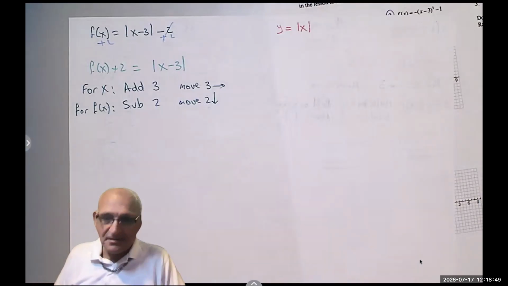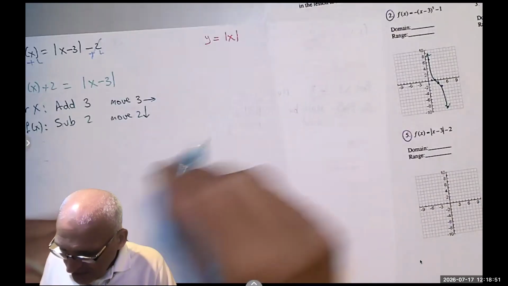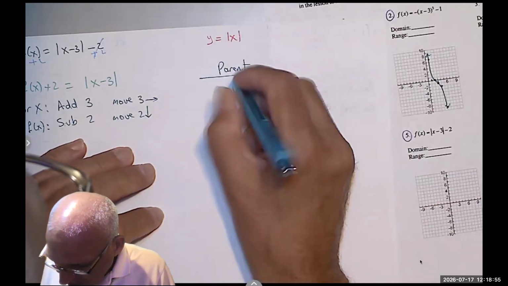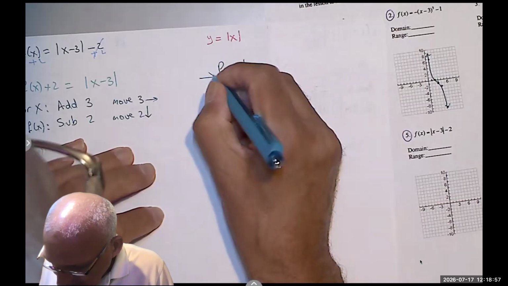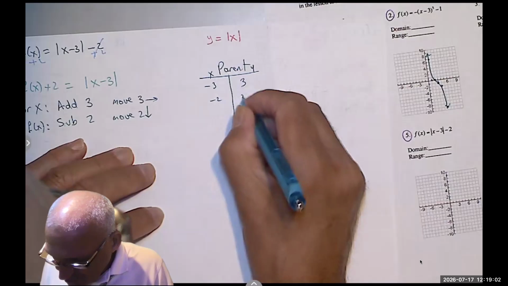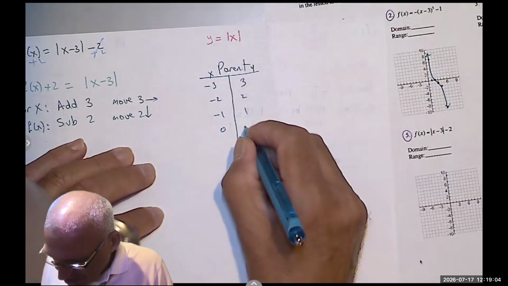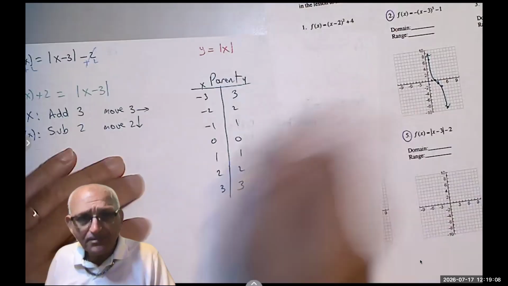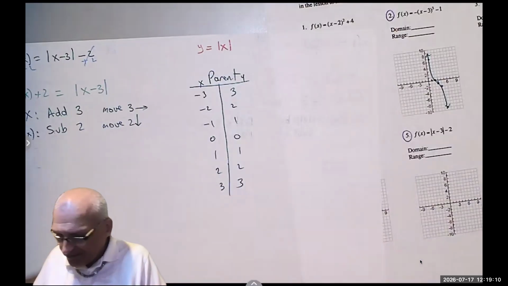Couldn't be any easier. I know the parent function, the x and the y, I can construct these tables very quickly, right? X and y. So I say -3, 3, -2, 2, -1, 1, 0, 0, 1, 1, 2, 2, 3, 3. Very simple. Absolute value.